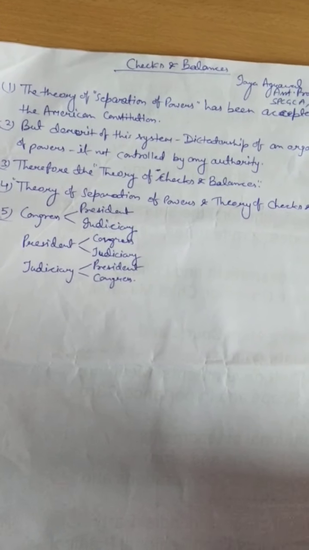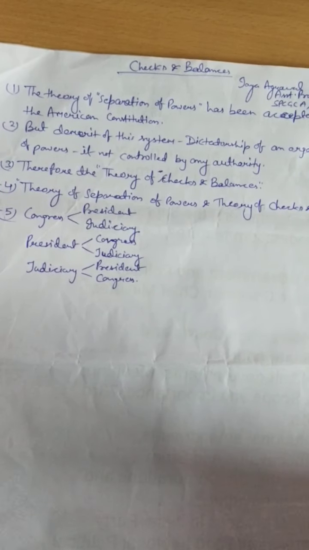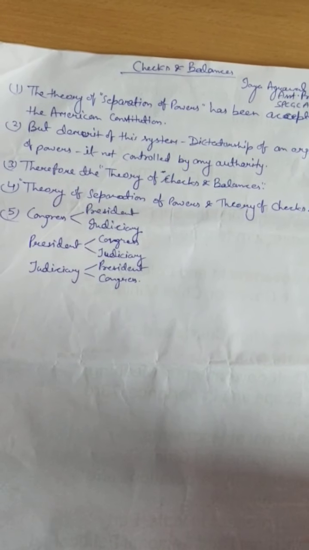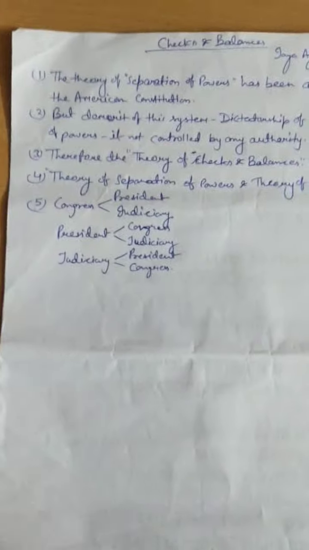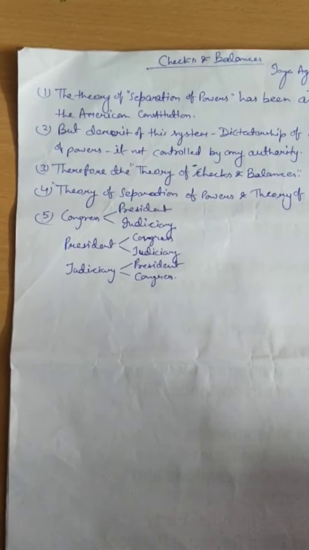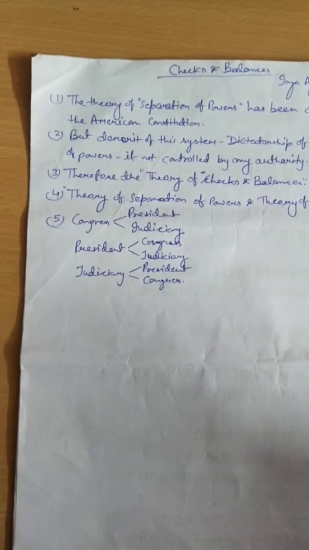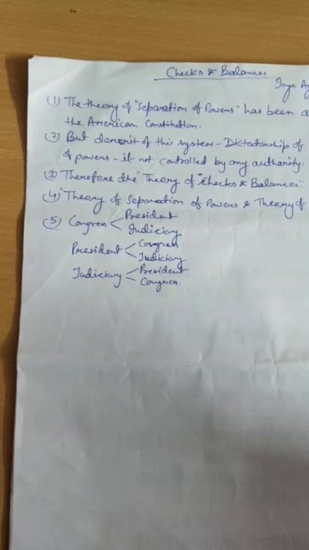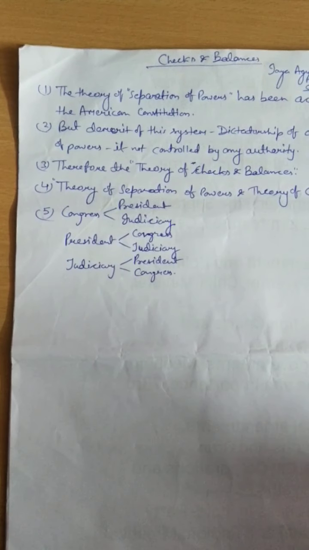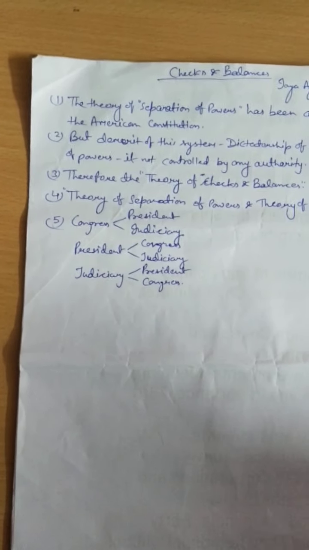But the demerit of this system is dictatorship of an organ and misuse of powers if not controlled by any authority. Here we can see this point as the demerit of the theory of separation of powers, or we can also say it was the need for the propounder to propound the theory of checks and balances.